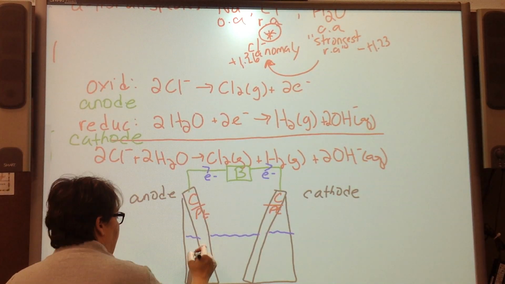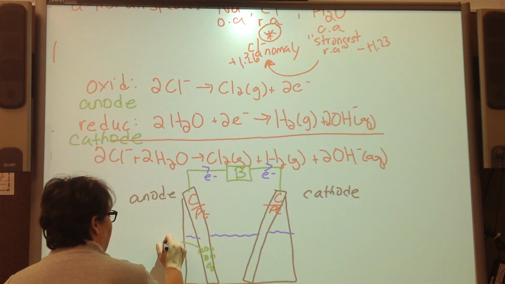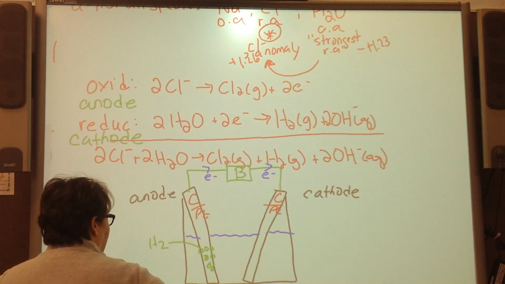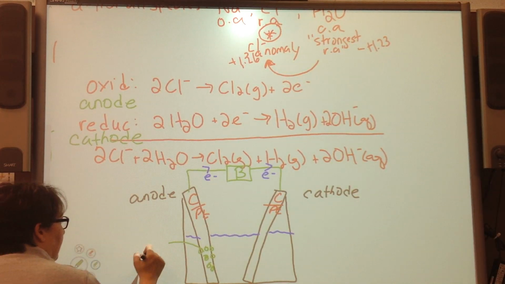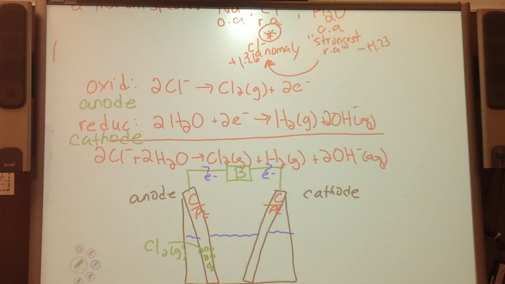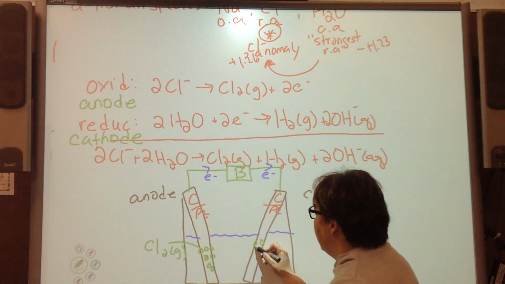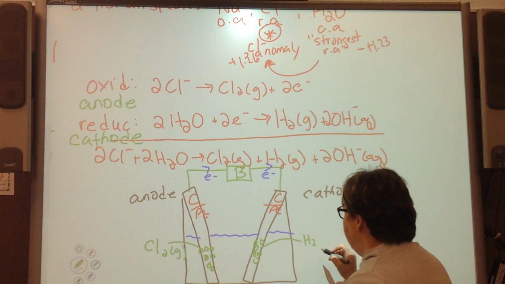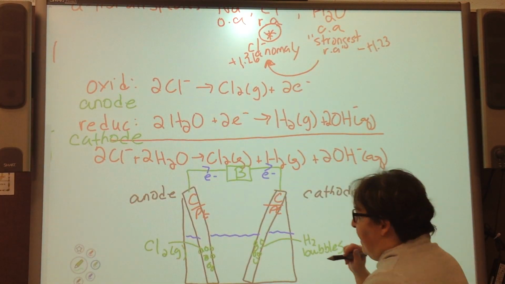So at the anode, we're going to see chlorine gas bubbles. On the cathode, we're going to see hydrogen bubbles.